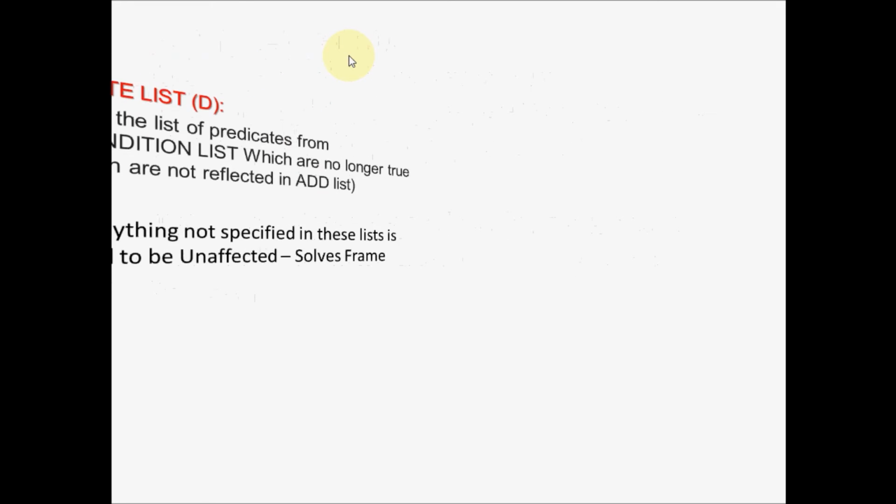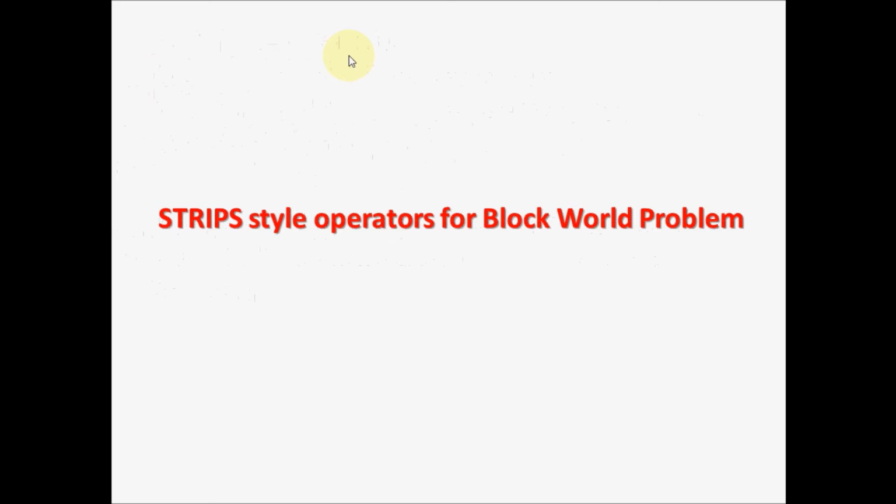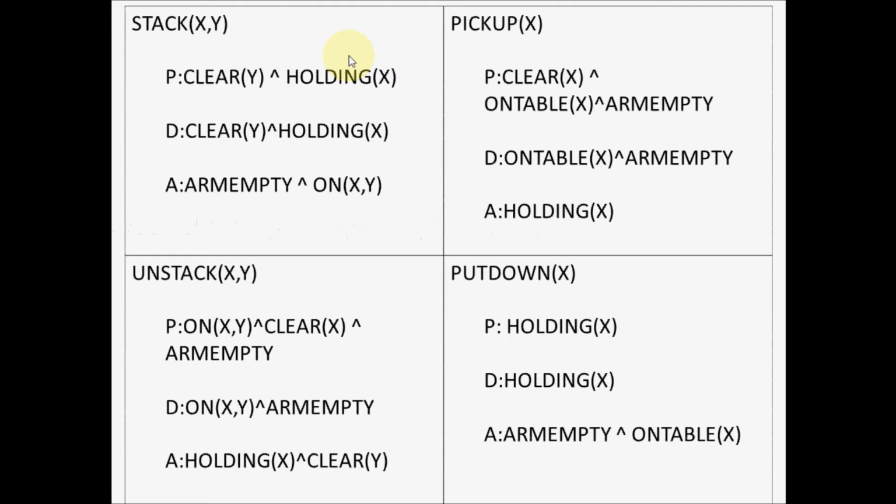Okay, STRIPS-style operators for the block world problem. Now let us consider our same block world problem and how we can design the STRIPS-style operators for it. The first operation here is a stack operation. Let's say x is stacked on y.